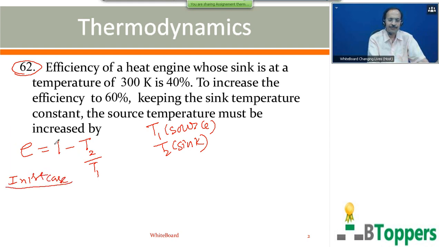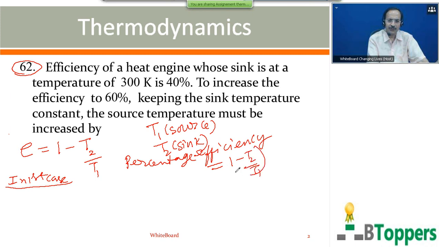The efficiency is 40%. So percentage efficiency means you have to multiply both sides by 100. So the percentage efficiency of a reversible heat engine can be written as 1 minus T2 by T1 into 100%.